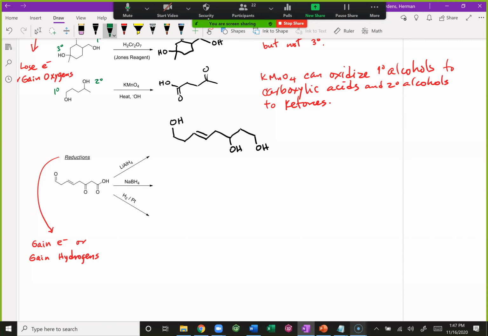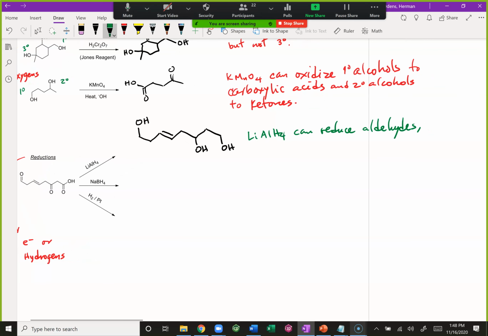So right here I can say that lithium aluminum hydride can reduce aldehydes, ketones, and carboxylic acids but cannot reduce double bonds.